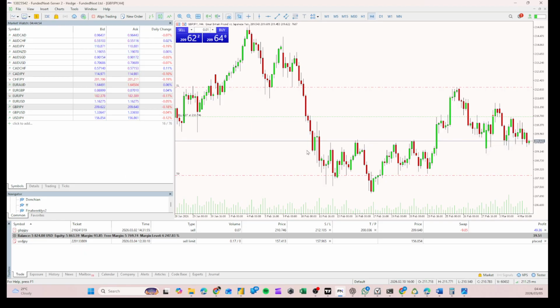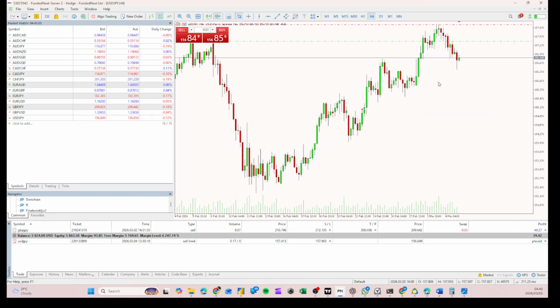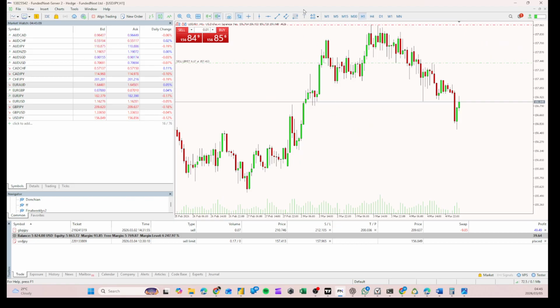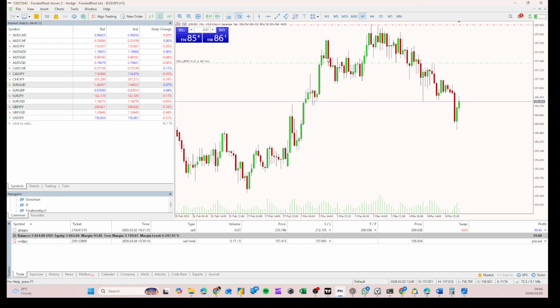This is the only trade that I'm currently in, but I have a pending order on the dollar yen. This was a very painful move, because as you can see, I put my pending order right here and it got missed by just a few ticks.